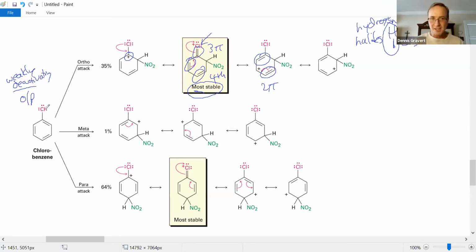The electronegativity of the chlorine is sucking out the electrons, pulling the pi bond electrons towards itself because chlorine is more electronegative than carbon. And so that's oftentimes cited as the reason for the halides' deactivating nature, is that they're inductive. They pull out, they withdraw the electrons.